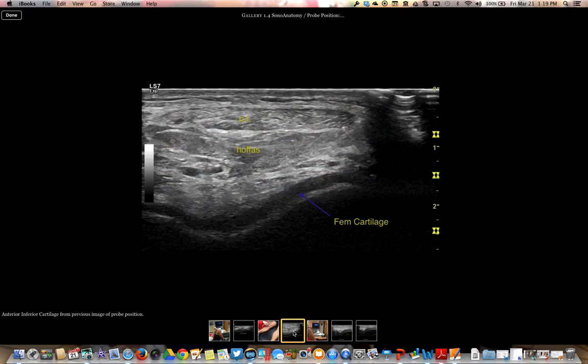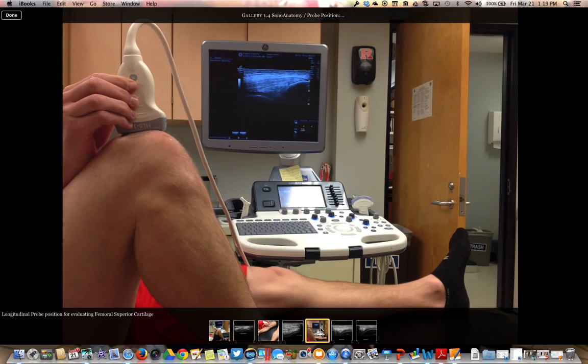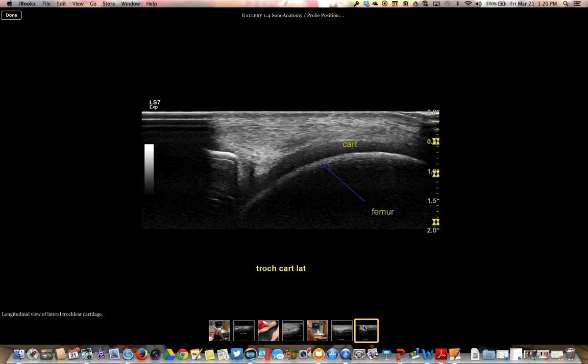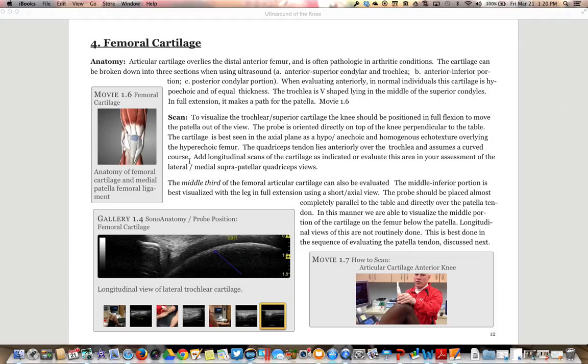Again, a video showing the middle to superior portion here with the patella tendon sitting here. And then we want to look longitudinally at the cartilage on both its medial and lateral sides with the probe in this position. Cartilage here with quad tendon above and laterally.